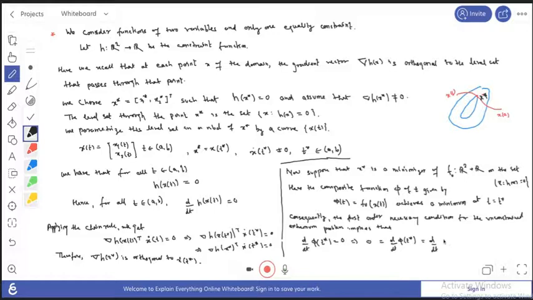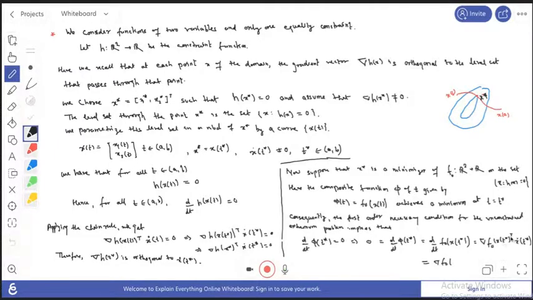So we can write f naught of x at t star. Okay, so you know that this is the gradient of f naught at x(t star) transpose x dot t star.